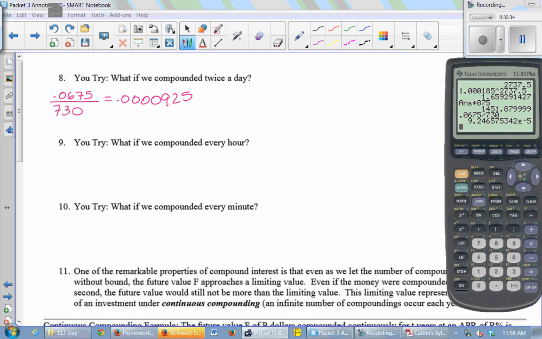So then I have to write down my formula, F equals P times 1 plus R to the T. P is 875. R is this, 1.000925. And then I have to raise that to the number of times I'm getting paid interest in 7.5 years.